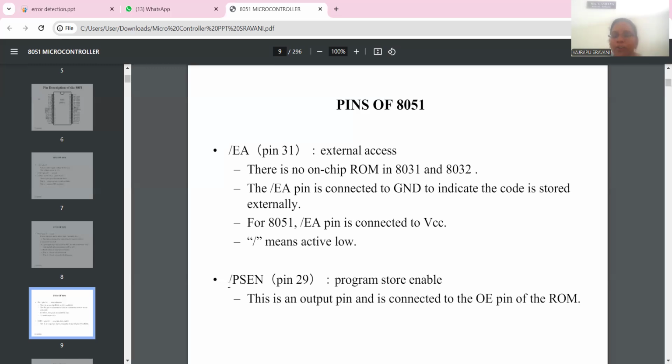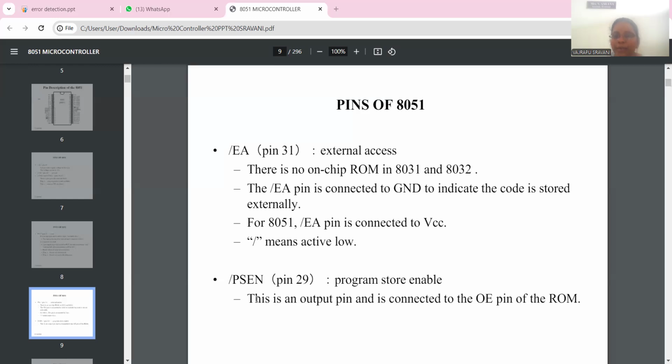PSEN bar is the program store enable. The program store enable is used for ROM operations, read-only memory. Whenever we need to connect the external ROM, we always need to connect PSEN bar.